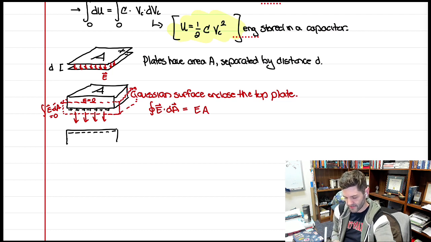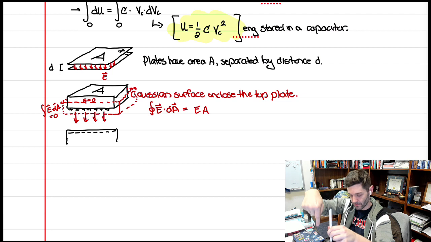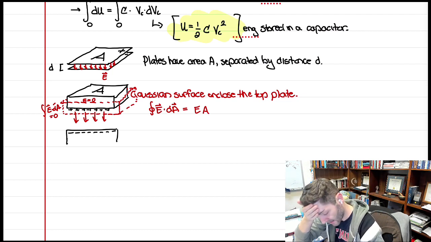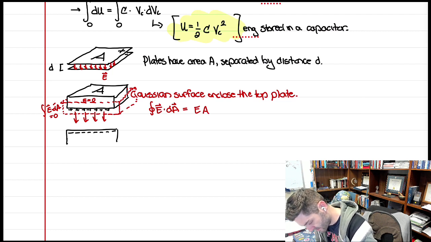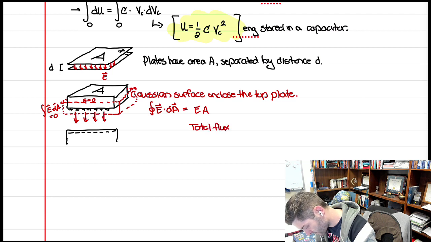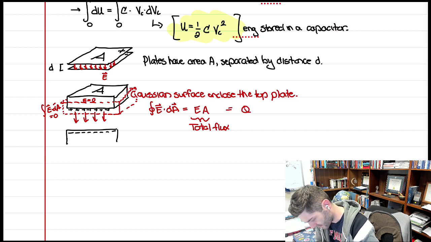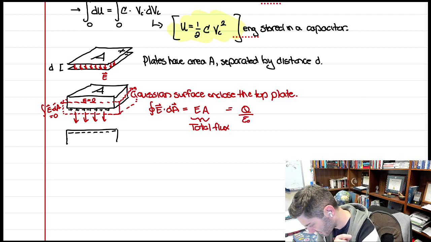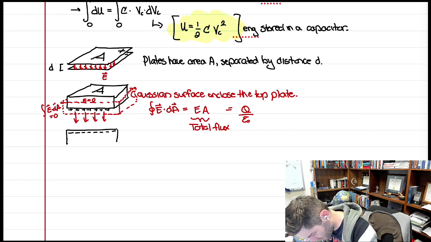Well, the electric field points down, and remember that the normal vectors always point away from the surface, so they're parallel on the bottom face. So this is the total flux. And then by Gauss's law, that is equal to the charge enclosed, which is just Q on the top plate, divided by epsilon naught. Again, we assume for the plates that there's a plus Q on top and a negative Q on the bottom.